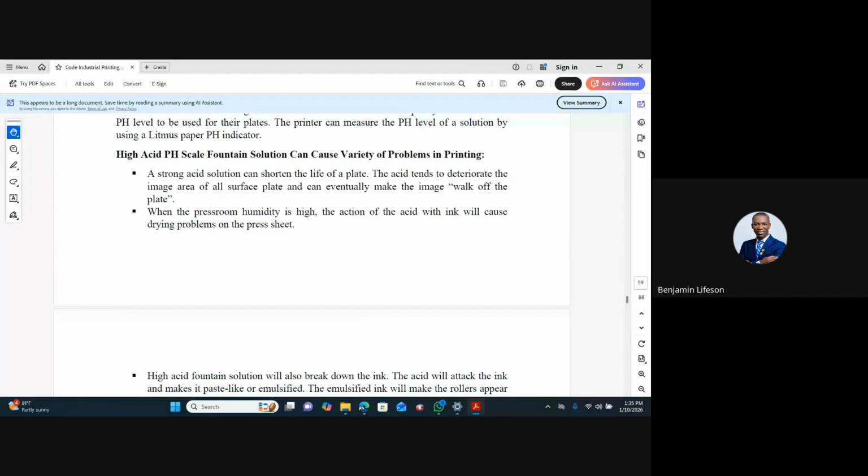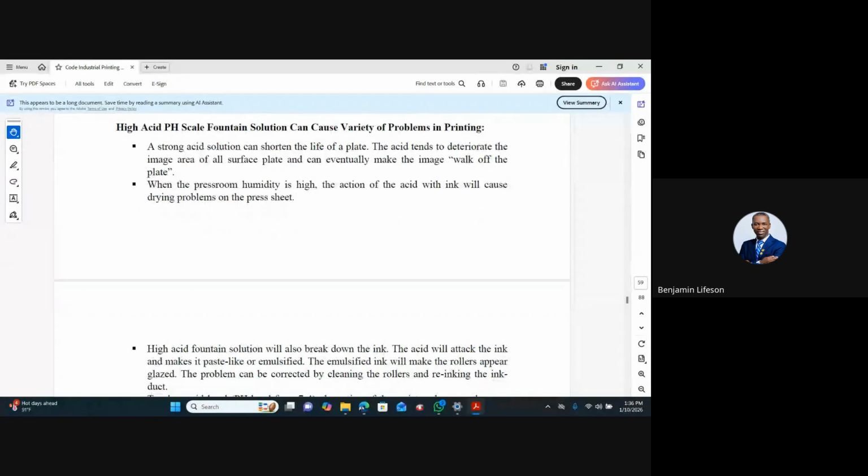You use the old plate, which even reduces your cost, because plate development you have to pay for. Because the plate is already there, you only pay for the printing now. So if your acid is very high, you are going to deteriorate the plate.